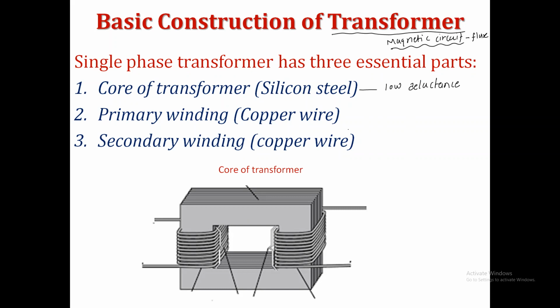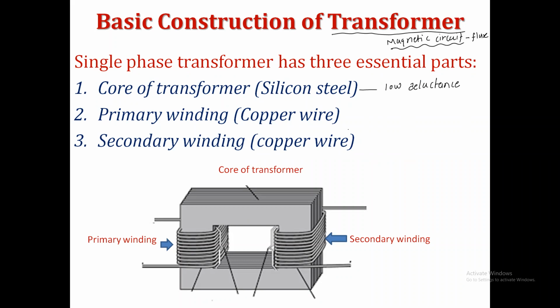It means that the maximum flux can pass through that material, and this is the expected thing. This winding we call the primary winding. It means that this winding will receive the energy from one circuit. And this winding we call the secondary winding. It means that this winding will deliver the energy to another circuit.